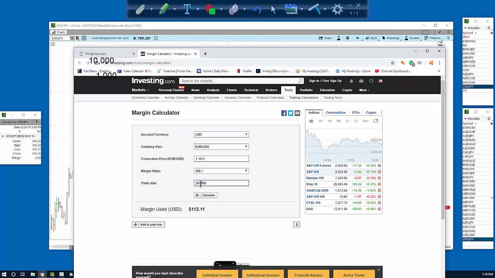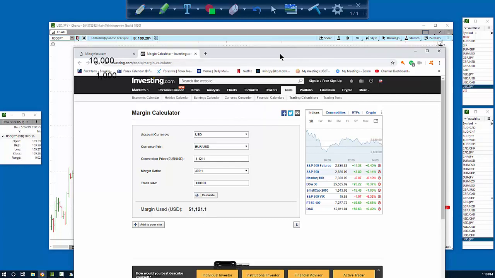This would be a 2-lot trade. Let's calculate that. Well, that's only $560. So it looks to me like if I wanted to spend $1,000 of my leverage, I could probably do somewhere around a 4-lot trade.